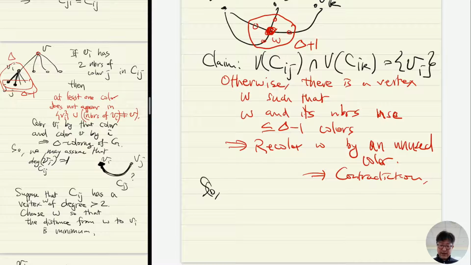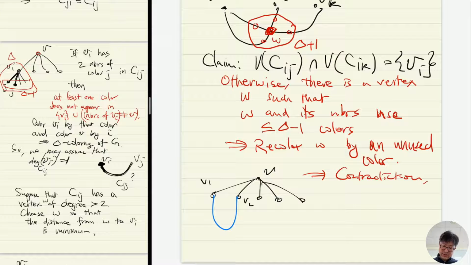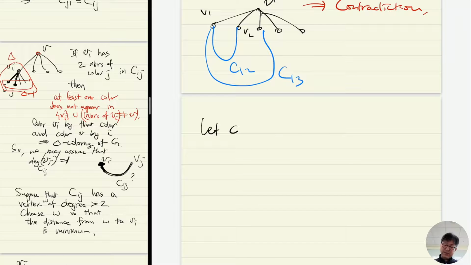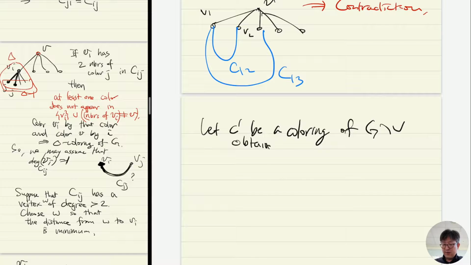So now we are in the final stage. There is V1, V2, and you have a path C12, and you have another path C13. Now let C prime be a coloring of G obtained by swapping 1 and 2 in C12.